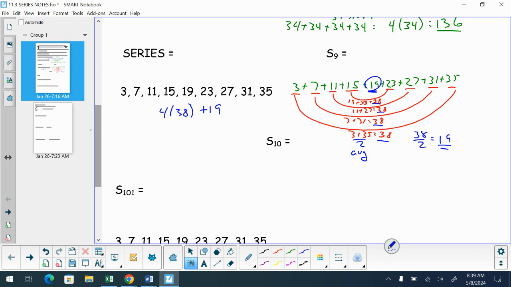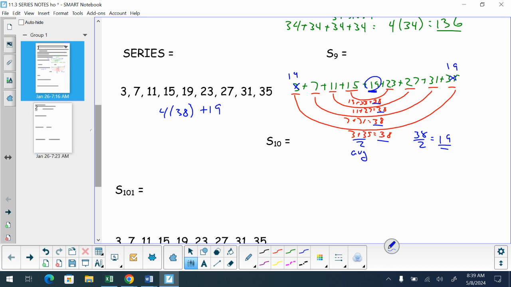So rather than having 3 and 35, would the sum change if we had 19 and 19 there? If I would add all these terms up and take out the 3, take out the 35, and replace them with 19 and 19, would I get the same number? Yeah.